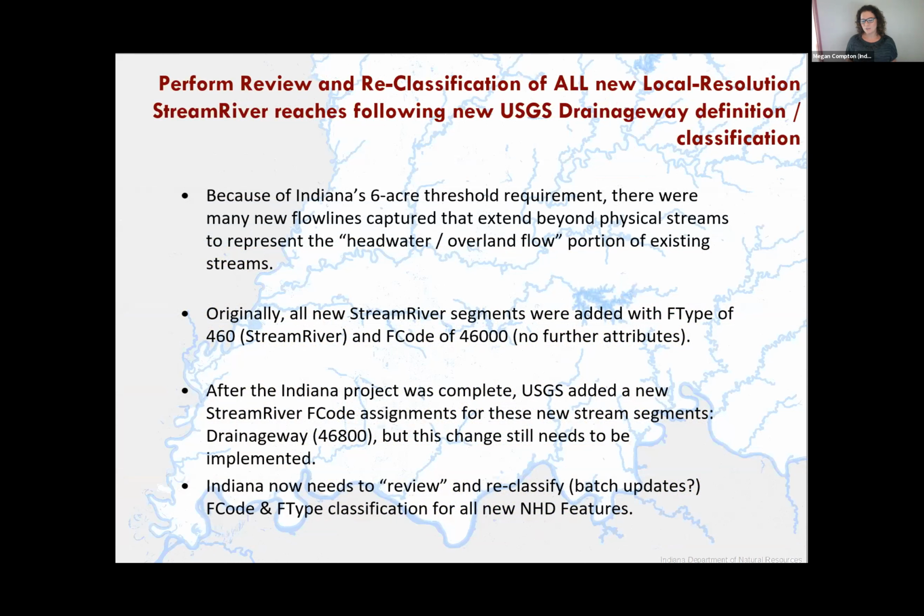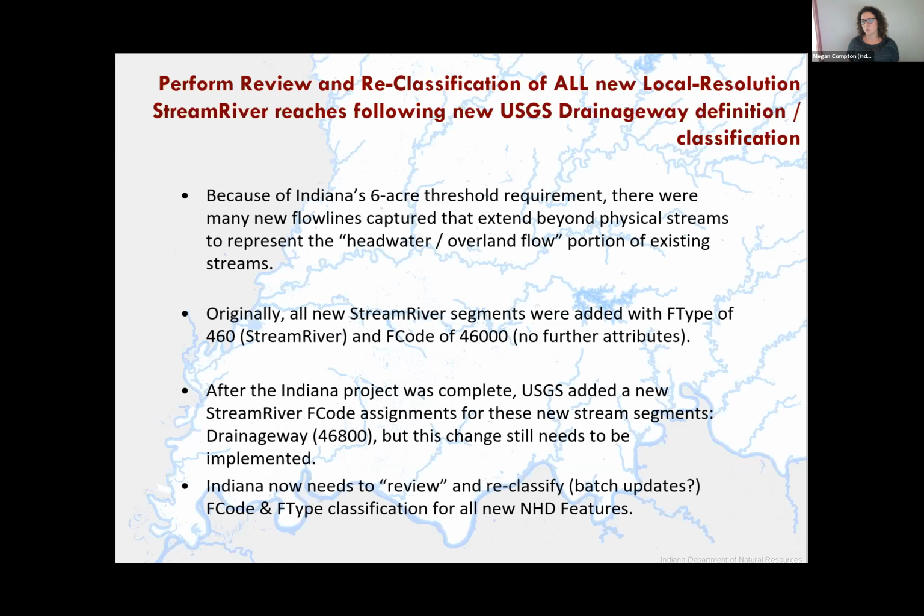The maintenance for the Indiana project is a little bit higher maybe than the more recent work, because when we started the project, the drainage way classification did not exist, like Dave mentioned. Part of the maintenance now requires the reclassification of those streams as headwater or overland flow for the existing streams. There's a lot of new flow lines now that need to be reviewed and reclassified for the F code and the F type classification.